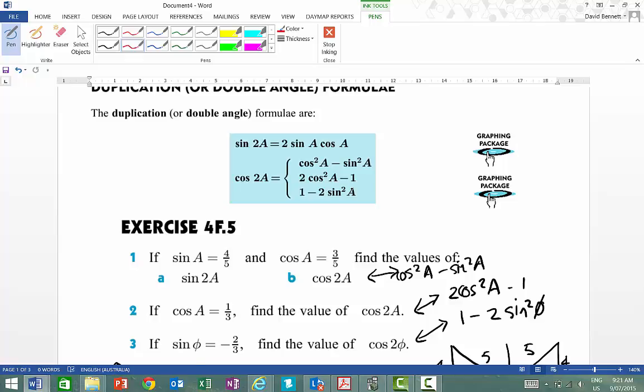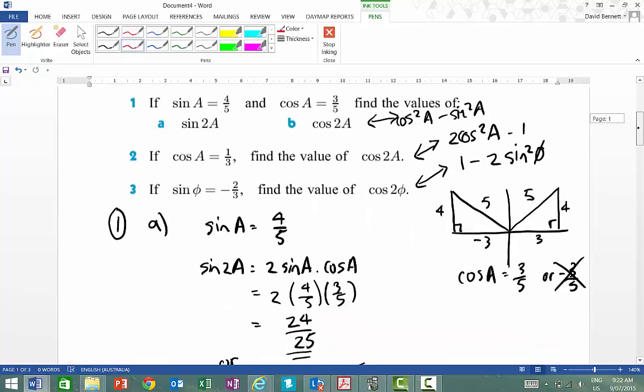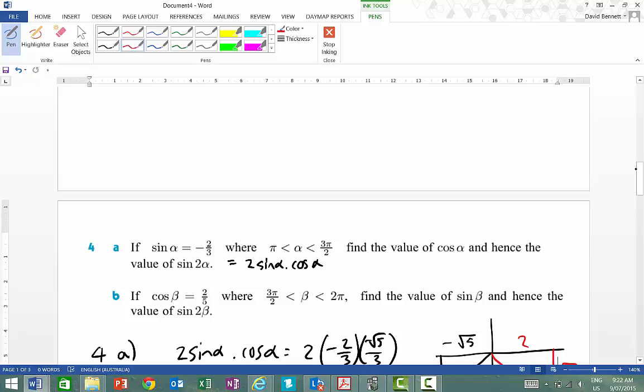Alright, keep in mind, don't make the mistake I did in the first part, which is if you're already given what the cosine is, you don't have to do any more than just use what they give you. It's only in these ones here, like question 4 onwards, where you actually have to find the value of the sine or the cosine and then use that with the relationship that you've got.